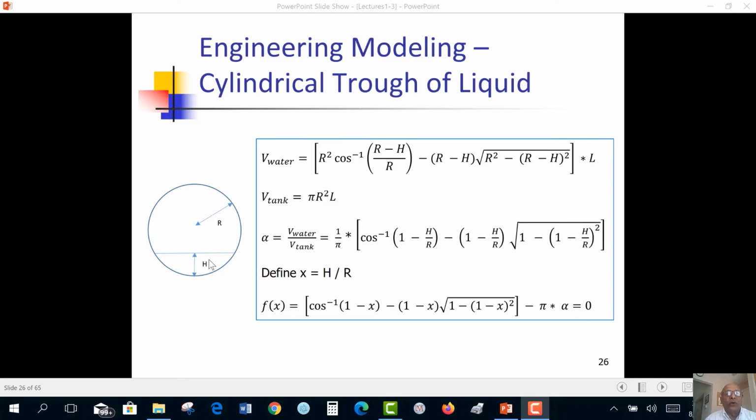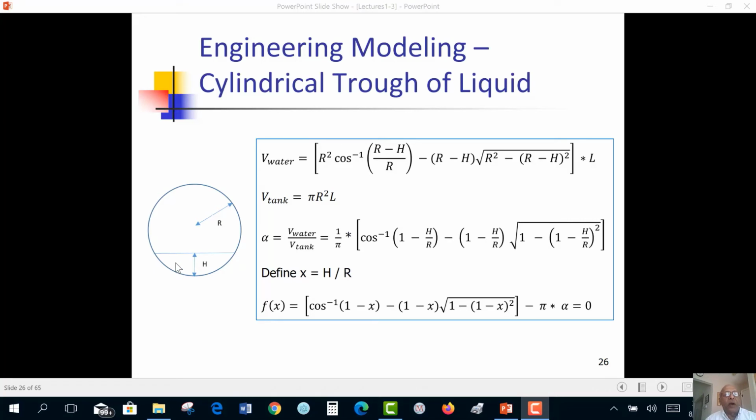We want to know what is the water fill ratio. That means this ratio of height to radius, given a certain fraction of this trough is filled with liquid. So let's suppose we say if this is 20% filled, what is the H over R ratio?